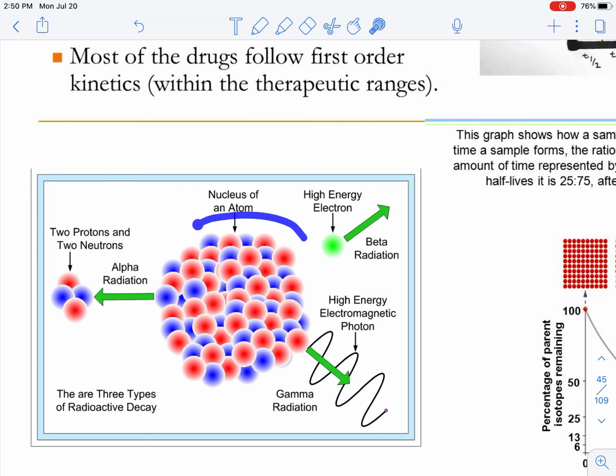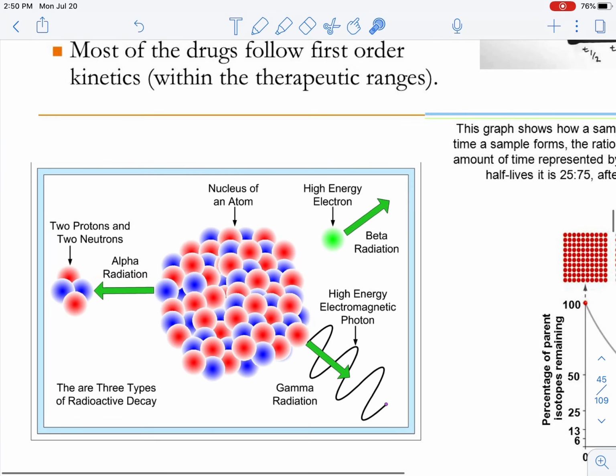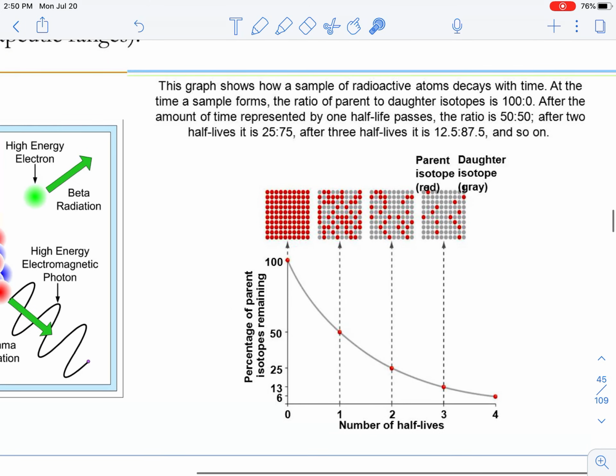If you have a singular nuclear atom and it's radioactive, its decay can be described by first order kinetics, such that if you have 100% of this radioactive isotope material and you plot the percentage of isotopes remaining against the number of half-lives, the amount of time it takes for its concentration to reach half of its initial value is going to be the same.